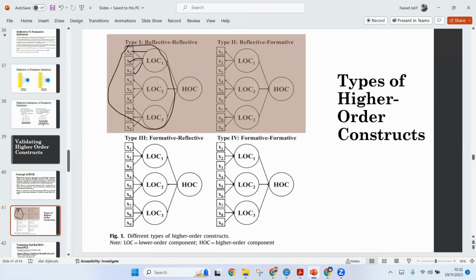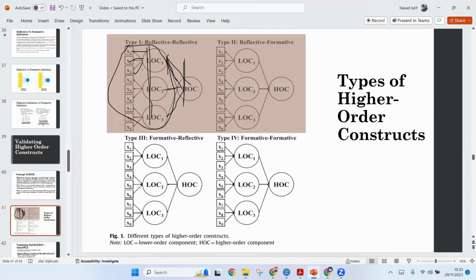And the higher order construct is also reflective. Why? Because the arrow is pointing from the higher order construct to the lower order constructs. So this is reflective at this level, and reflective at this level as well. So this is reflective at lower order and reflective at higher order as well.